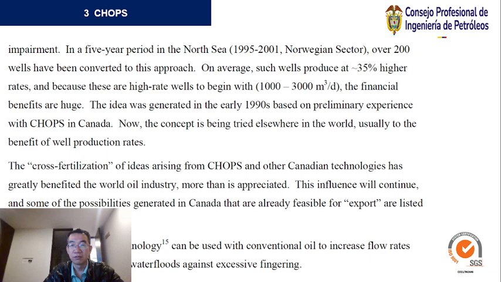This influence will continue, and some of the possibilities generated in Canada that are already feasible for export are listed here. Pressure pulsing technology can be used with conventional oil to increase flow rates and to help stabilize water flows against excessive fingering.